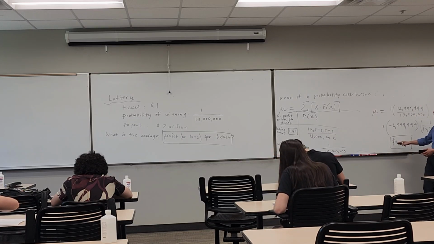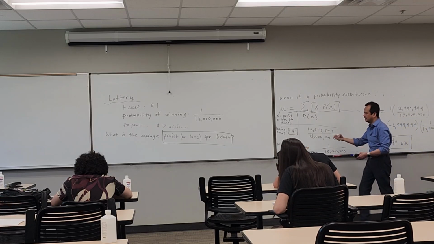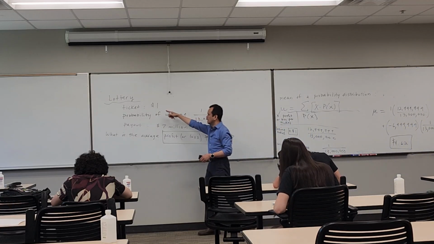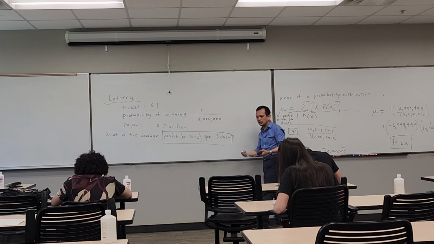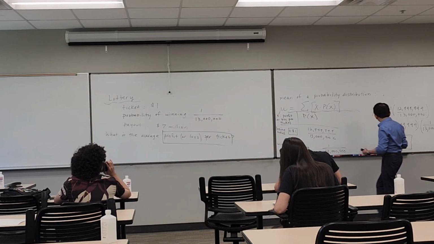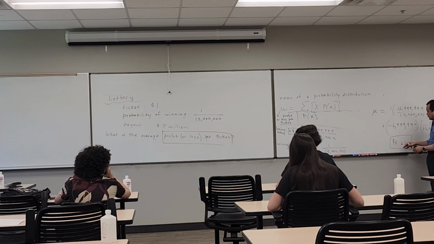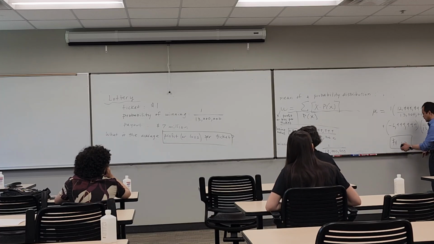If this represents the average value that the government makes per ticket, and each ticket only costs $1, can the government make more than $1 for each ticket? No. So that gives us a sense of what the possible answers could be. We know that the answer can't be more than $1. So if originally you got this, then you know that you had punched in something wrong.